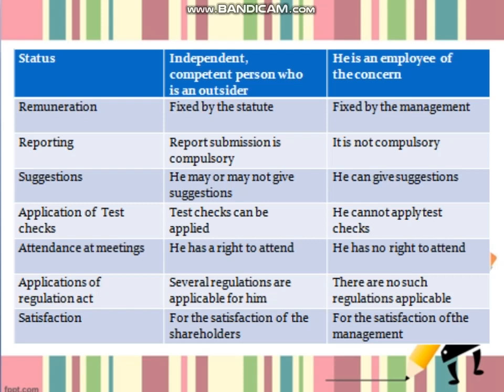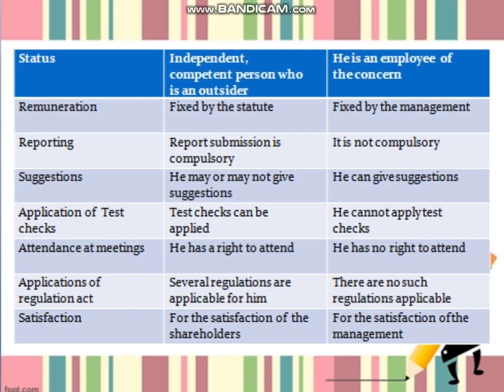On the basis of status, statutory audit is done by an independent, competent person who is an outsider. While in case of internal audit, an internal auditor is an employee of the concern.